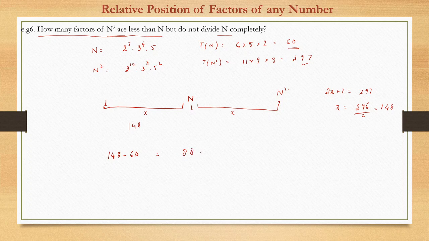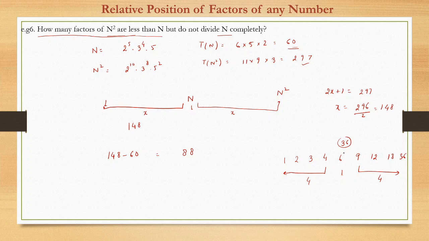See, try to understand this thing. Let us take a smaller example. If it is 36, we can write the factors here: 1, 2, 3, 4, 6, 9, 12, 18, 36. So we know there are 4 factors less than 6, 4 factors more than 6, and 1 factor is 6 itself.